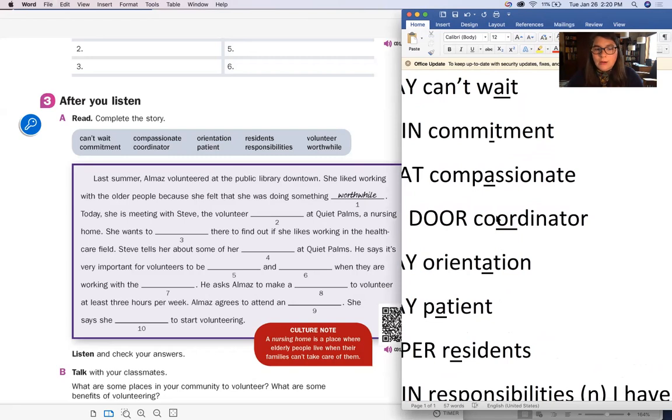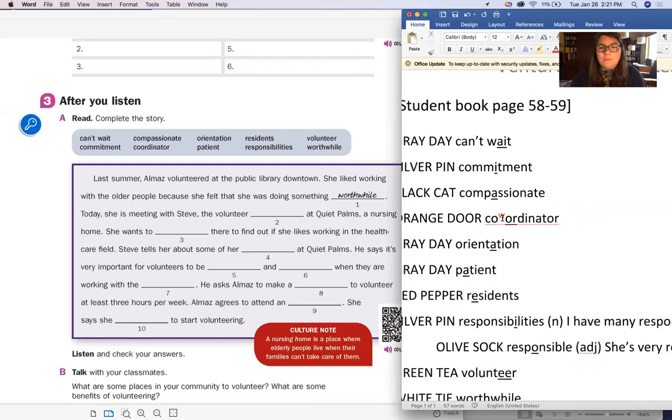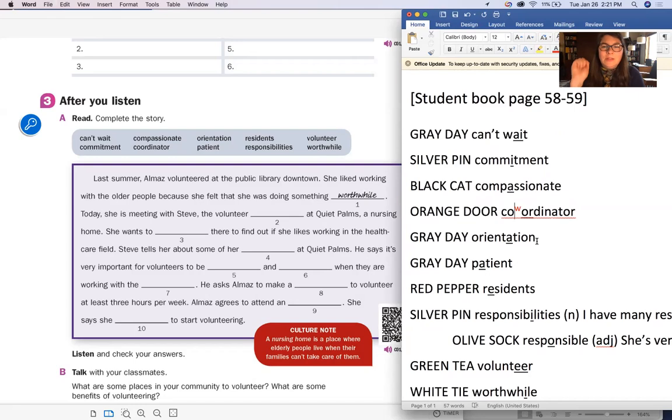So right here, there's actually an invisible sound. I'm going to make this a different sound, different color. There we go. Coordinator. Can you hear me say that? War, war, coordinator. This W helps divide the syllables so it's easier to understand. So this word that has an invisible sound is orange door coordinator.